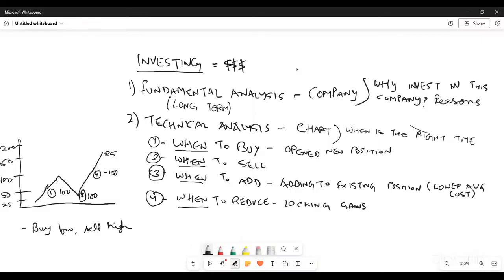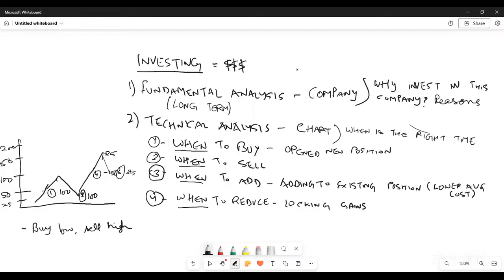So here we are looking at a new scenario. You are now in 25 shares, and guess what happens? It drops down, and it drops down to where? Drops down to 100. And then here you will do number 3 again, add. You add 25 shares now.